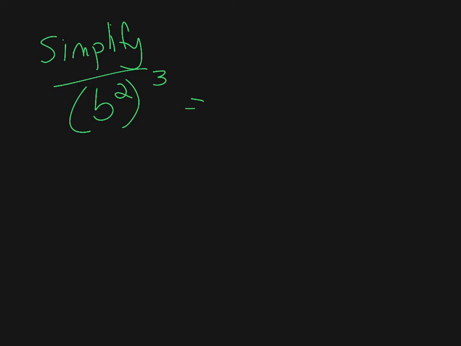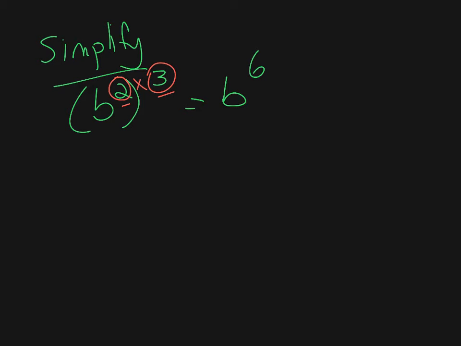Now, again, because we are raising our powers, we have 2 multiplied by 3. So that means the answer is b to the power of 6, because we've multiplied the 2 and the 3.